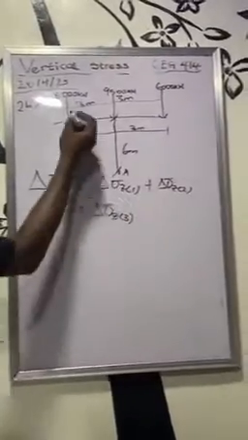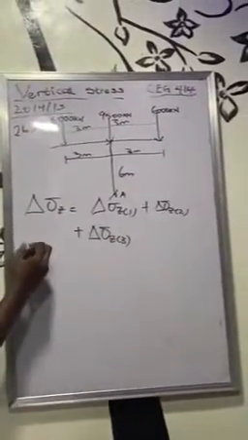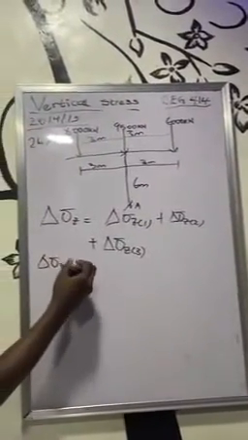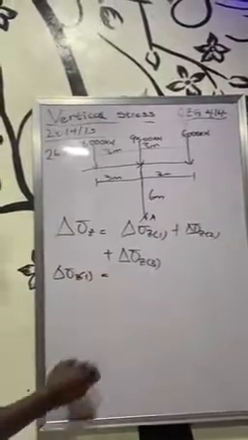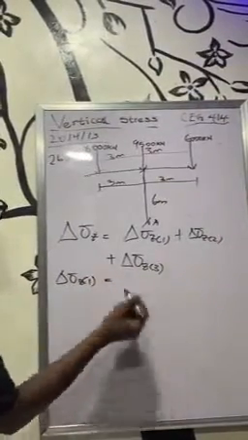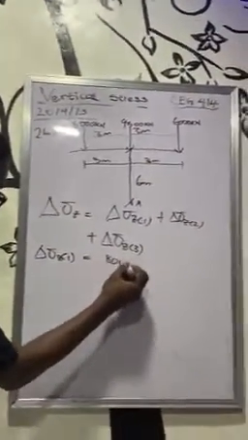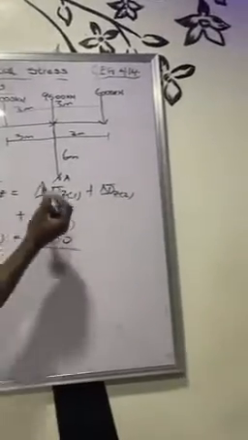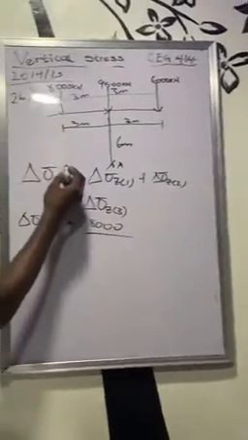Starting with the 8,000 kilonewton, the change in vertical stress of the first one is going to be P over Z squared. P is the point load, 8,000, over Z squared. Our depth is still going to be the same, 6 meters.